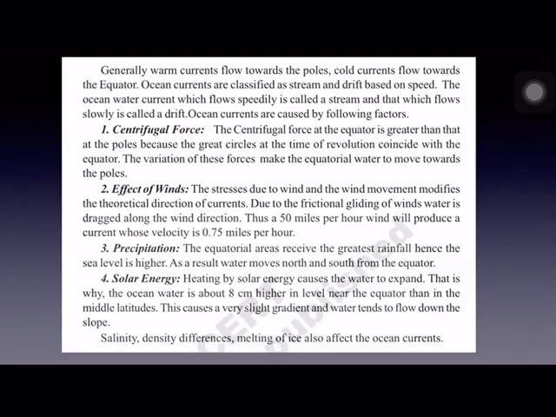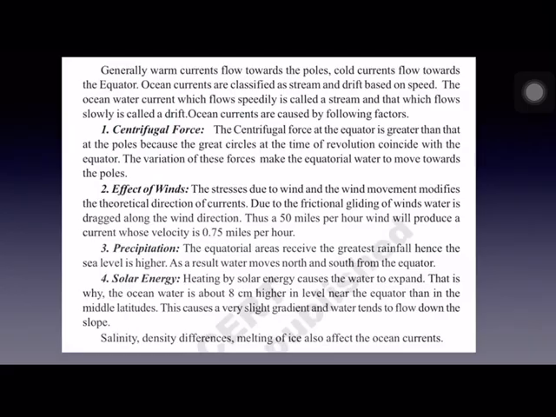Now, cold ocean currents are the ocean currents which move from the poles towards the equator. From the North Pole or South Pole, if the ocean currents move towards the equator, they are called cold ocean currents. Example, the Labrador Ocean Current moves along the coast of Greenland.